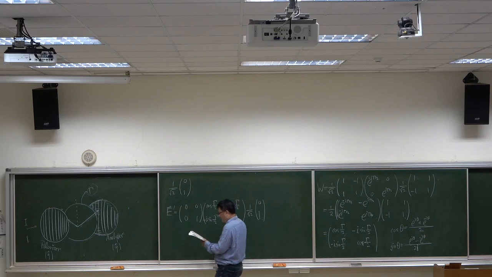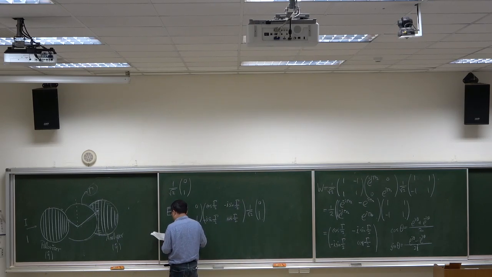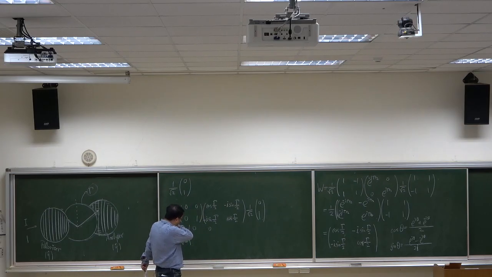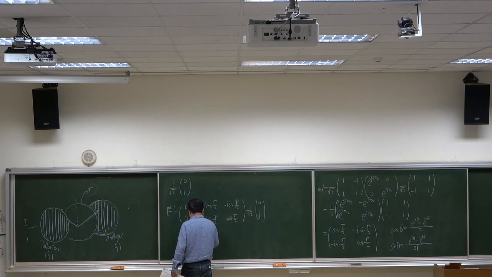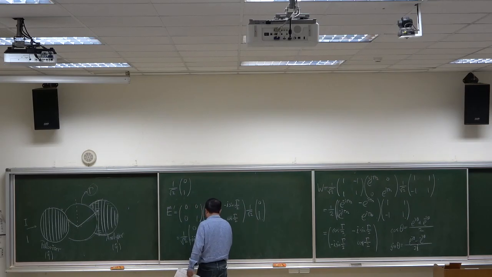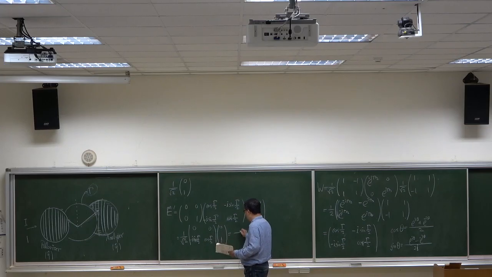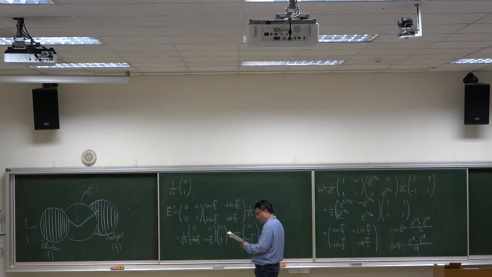So the final E is equal to 0, minus I sine half gamma; cosine half gamma, times this one. Then we get 0, cosine half gamma. Okay.